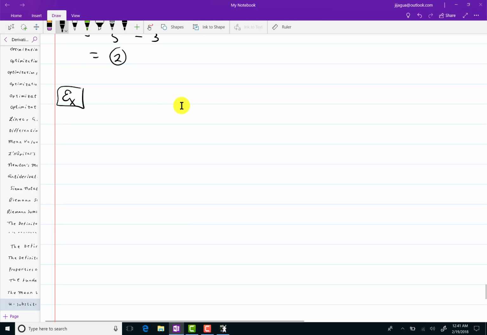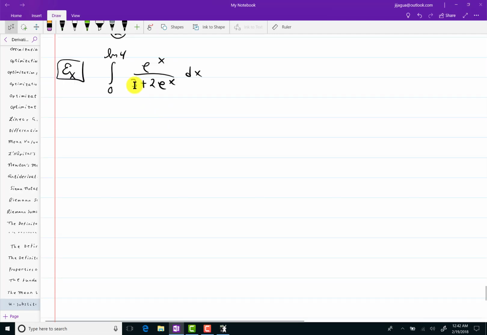Another example, I have the integral from 0 to the natural log of 4 of e to the x all over 3 plus 2e to the x dx. So what I'm going to do is let my u be the entire denominator. You see, a du will definitely involve an e to the x.